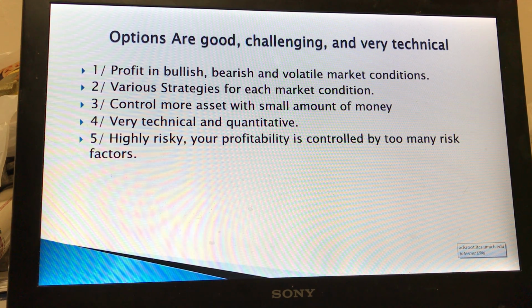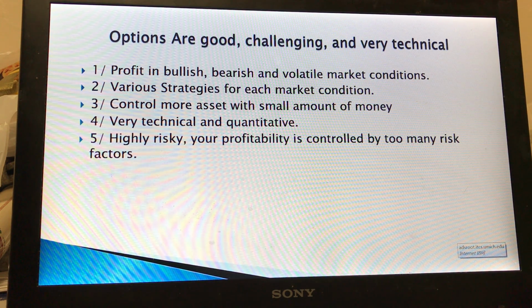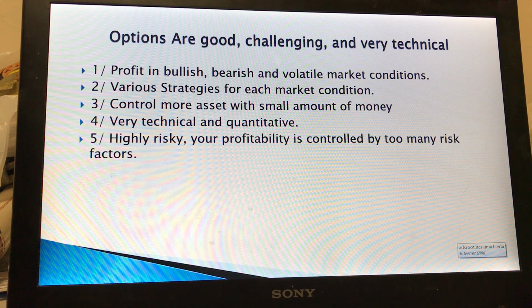And also options are very technical and quantitative. We must have a quantitative mind and some mathematical sense, or develop some trading models or algorithms to assist with our trading. And also, options trading is very risky, and your profitability is controlled by a lot of risk factors.